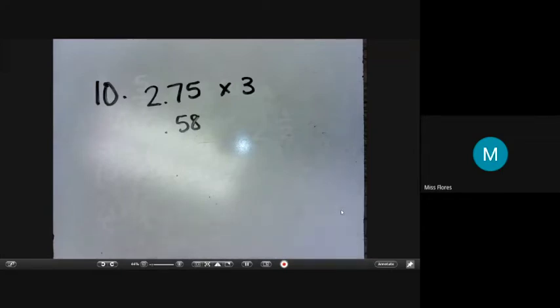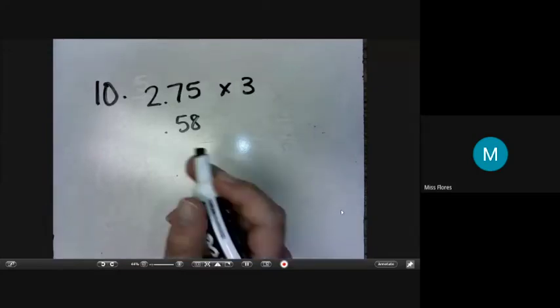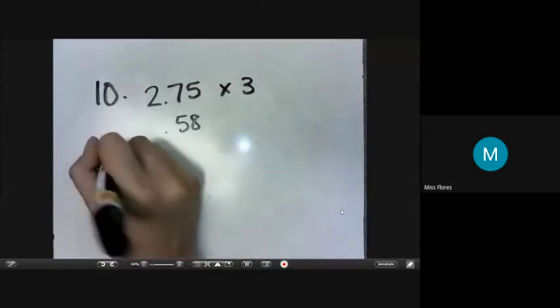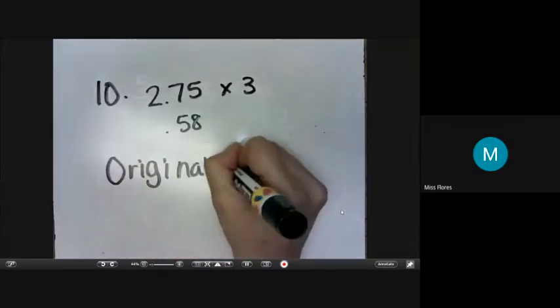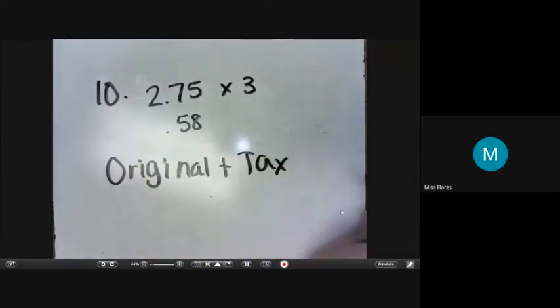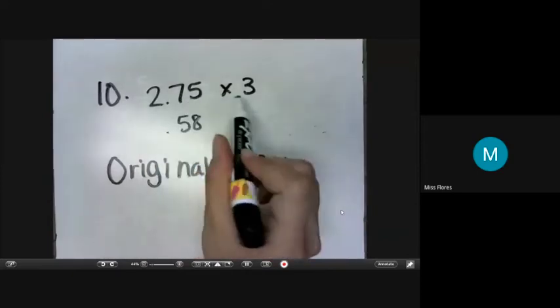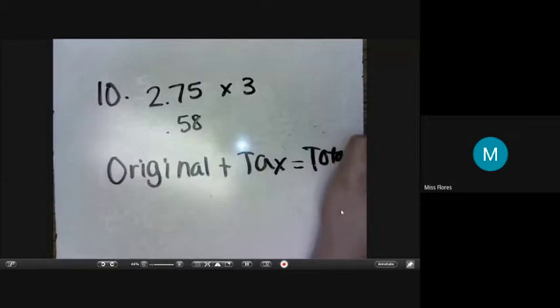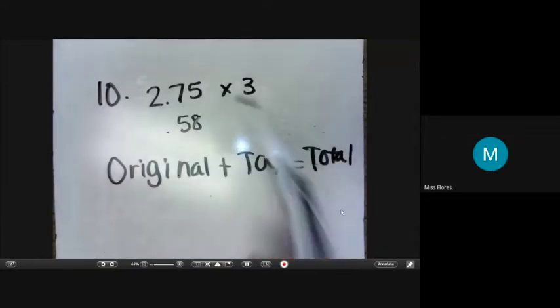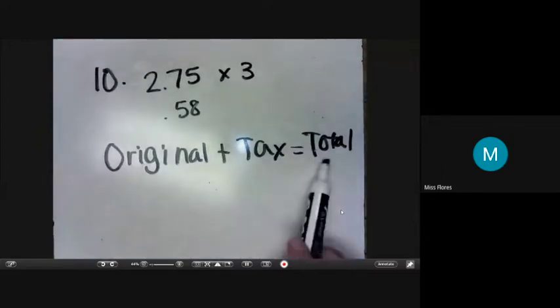Okay, so a formula that we can do is our original cost plus tax. Okay, so whatever this number is plus tax, and then we get our total. Okay, so that's an equation. So now we can solve this right here and actually solve for our total.